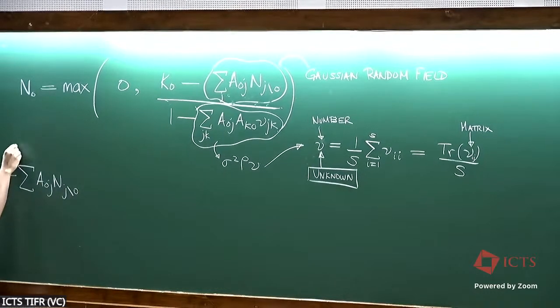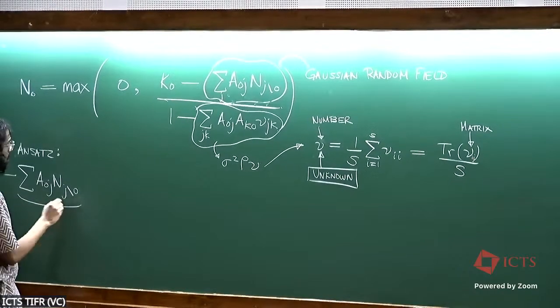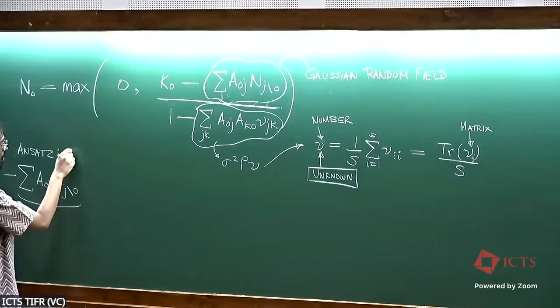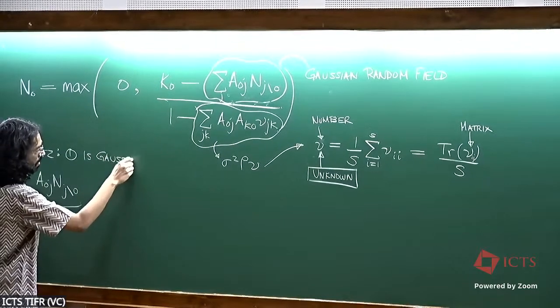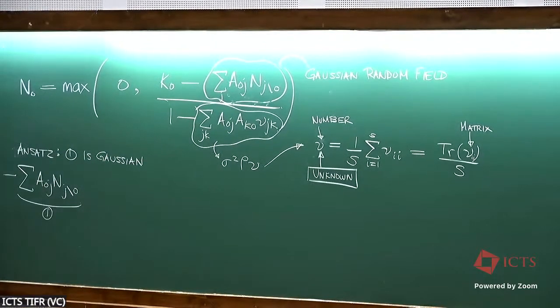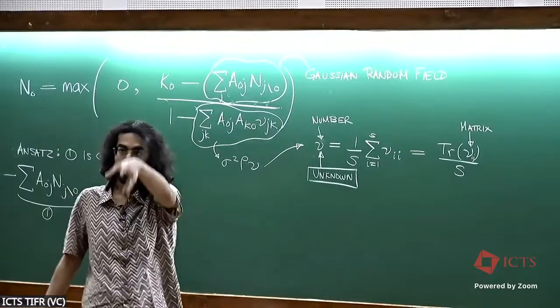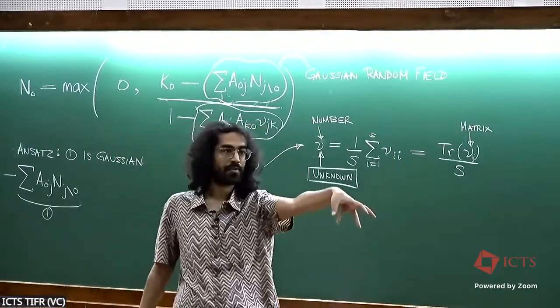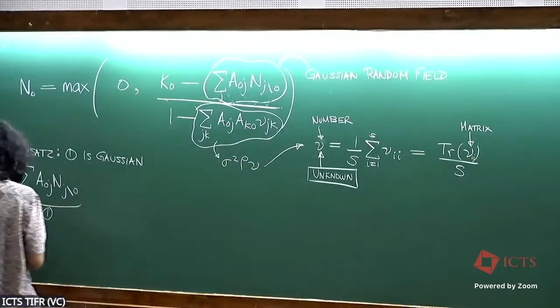So we're conjecturing, or we have an ansatz, that this thing over here, call it 1, is Gaussian. And if it's Gaussian, I should be able to write this whole thing down as a Gaussian random variable, right? Which just means I need its mean and I need the standard deviation of this variable, and I can just replace it then with a new Gaussian random variable.